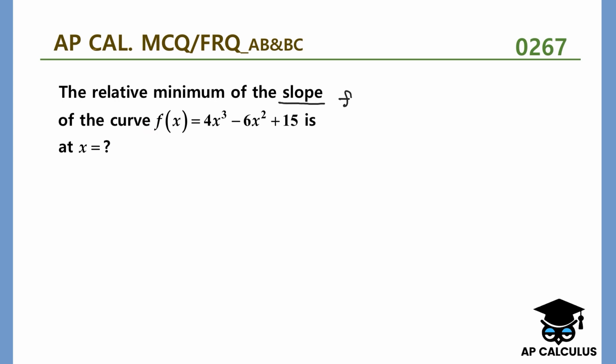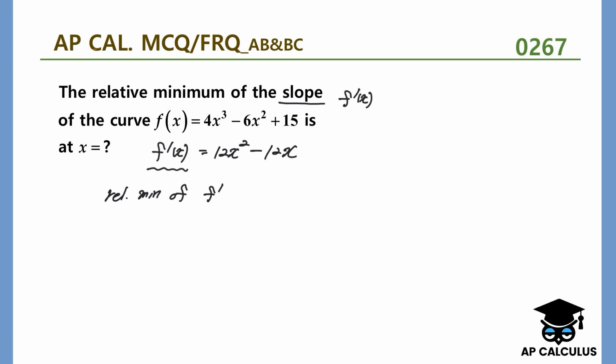So slope is f prime. So we have to find the relative minimum of f prime. Here f prime is 12x squared minus 12x. So we have to find the relative minimum of this f prime.